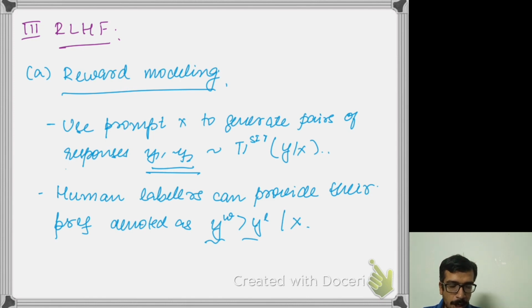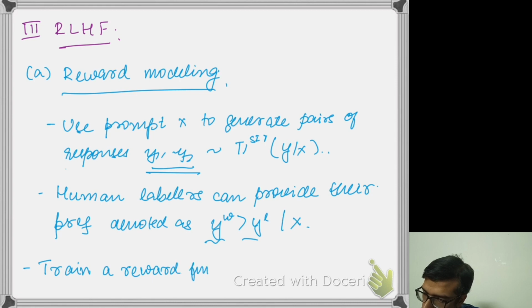Okay. And now we train a reward function r phi x y, okay, corresponding to these preferences.